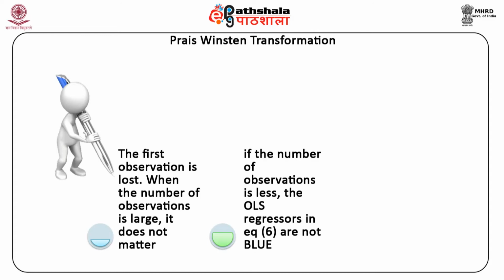The problem is rectified when the first observation on X and Y is transformed as y1 into the square root of 1 minus rho square and x1 into the square root of 1 minus rho square. After including the first observations, the OLS estimates obtained are BLUE.